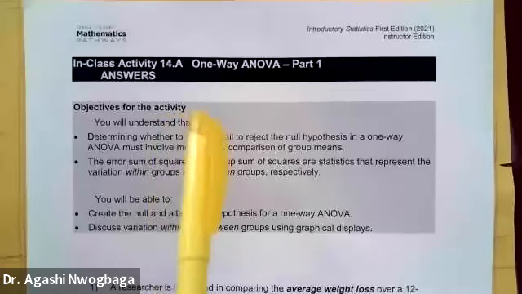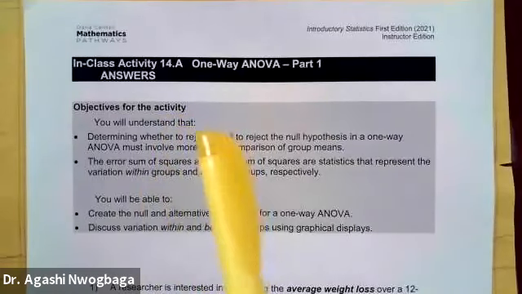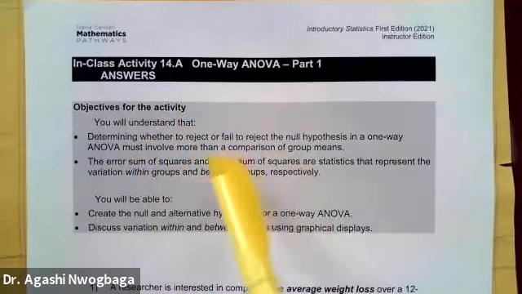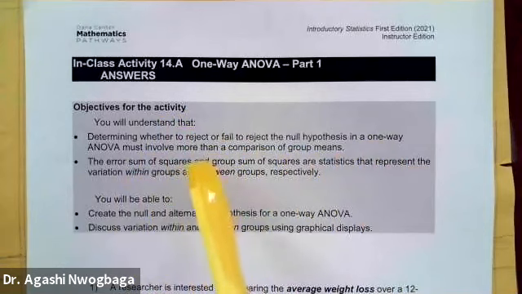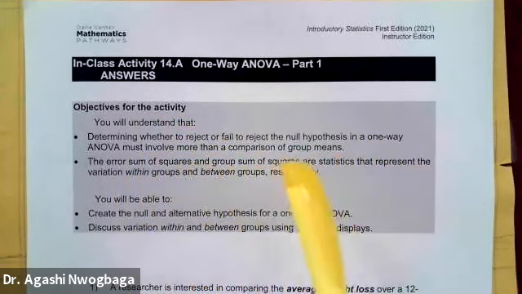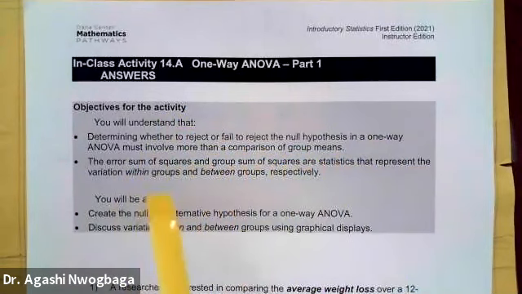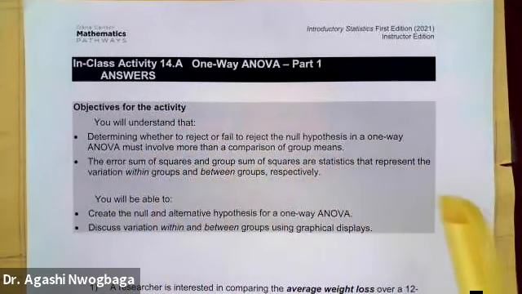The objectives for this activity. You will understand that determining whether to reject or fail to reject the null hypothesis in a one-way ANOVA must involve more than a comparison of group means. The error sum of squares and group sum of squares are statistics that represent the variation within groups and between groups.